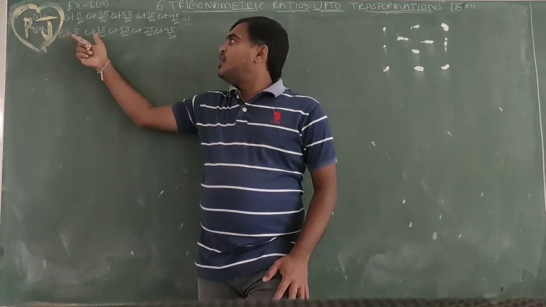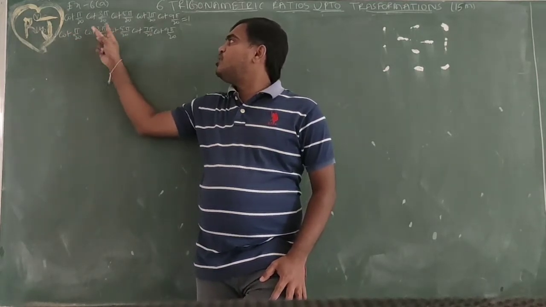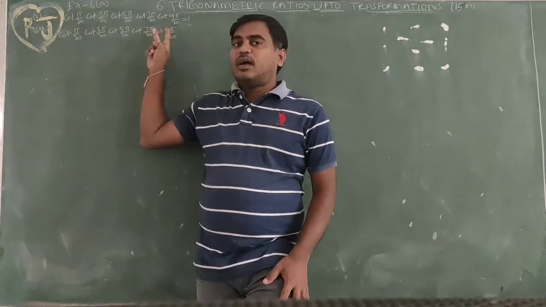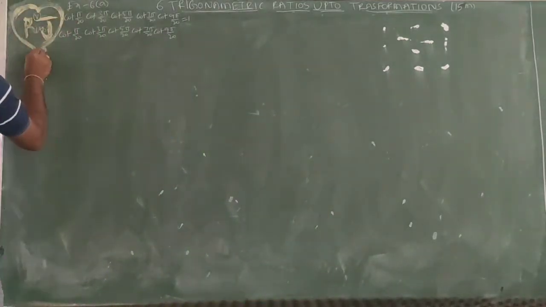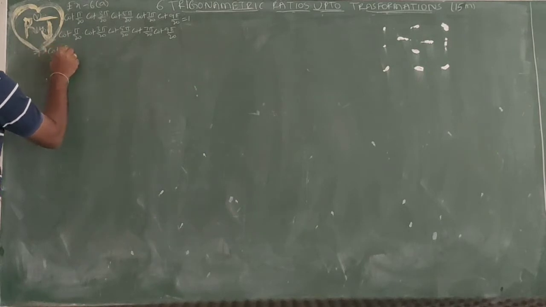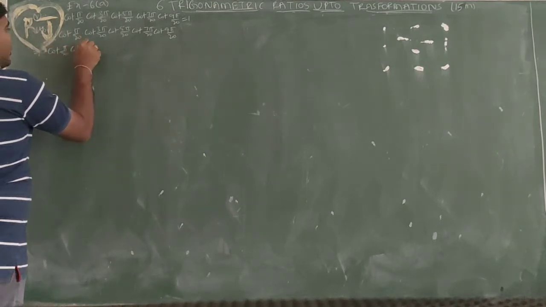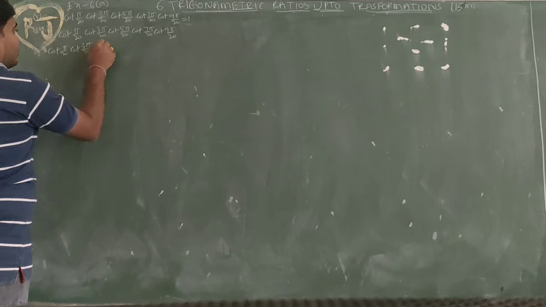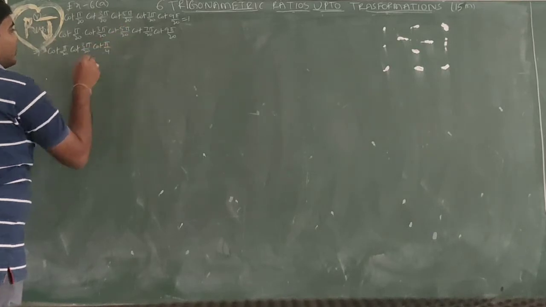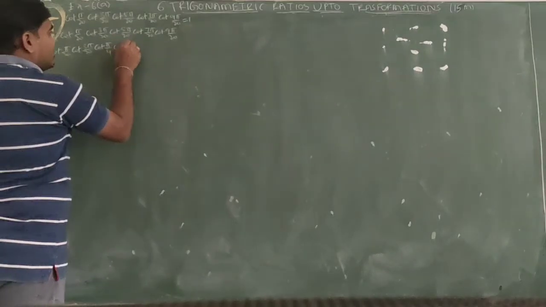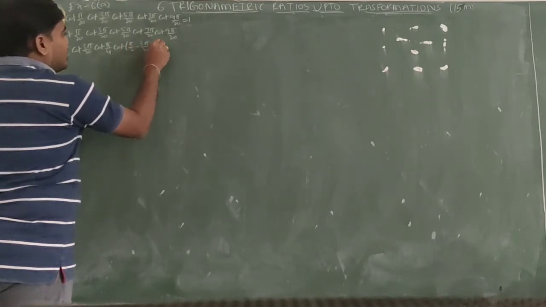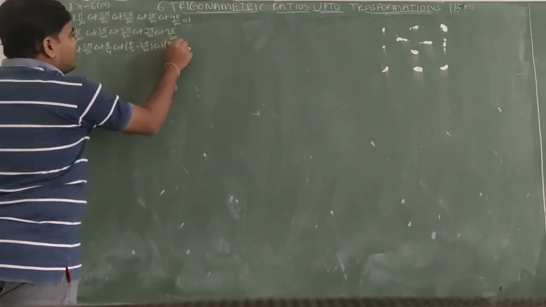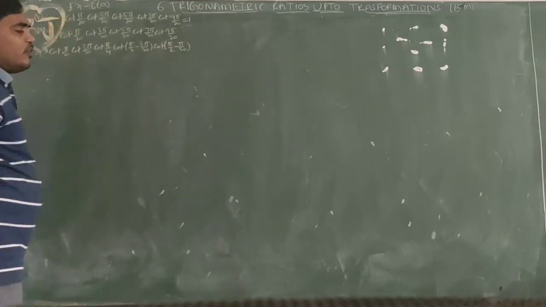So observe the relation. These two are related to each other according to denominator 10. So I am taking cot pi by 20, cot 3 pi by 20, cot 5 pi by 20 cancel, which is cot pi by 4, cot pi by 2 minus 3 pi by 20, cot pi by 2 minus pi by 20.